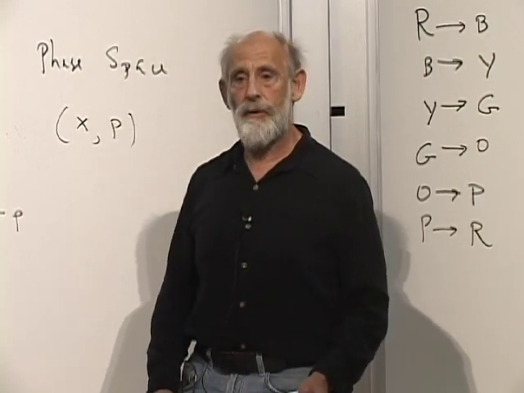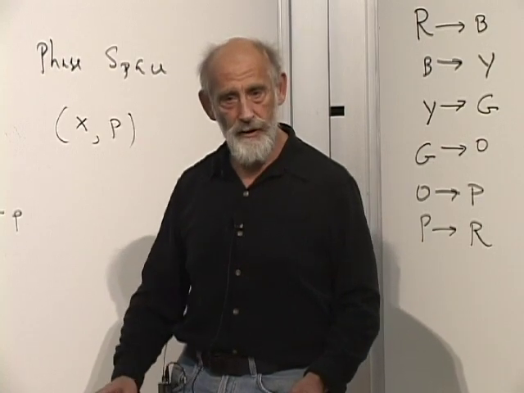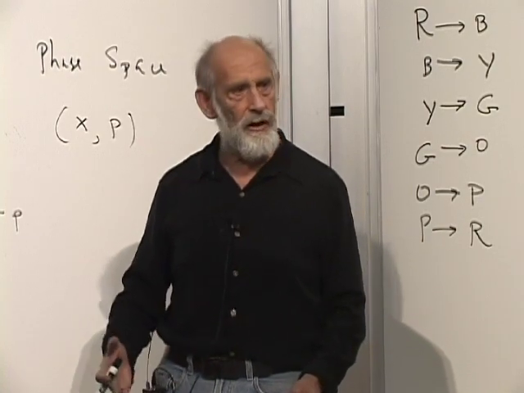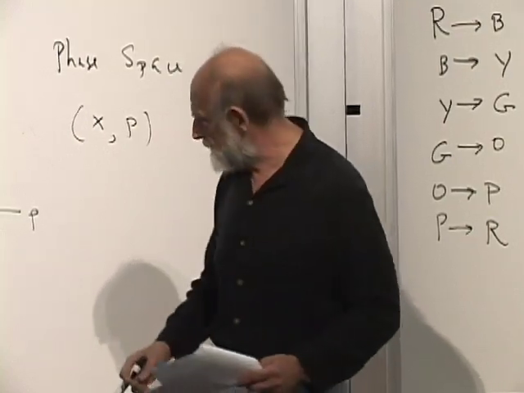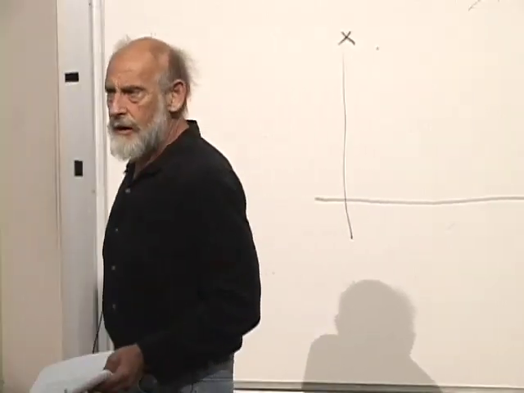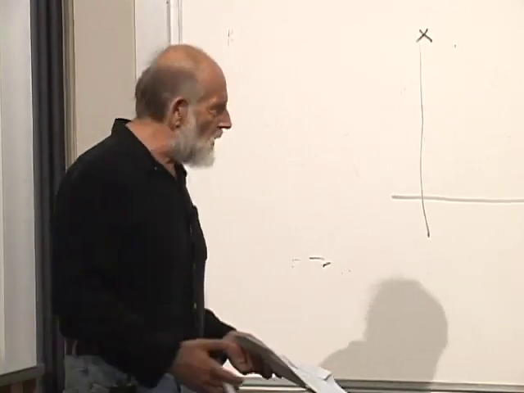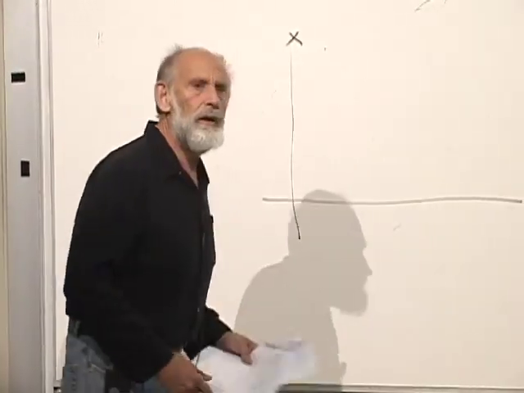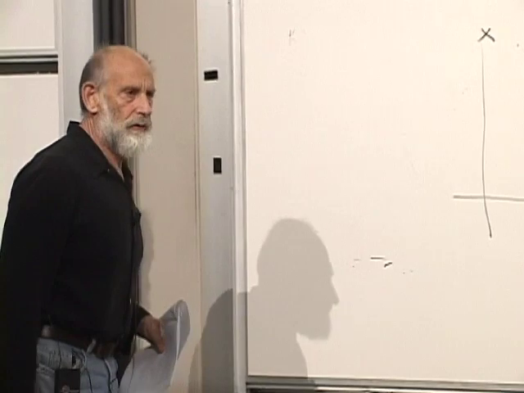So there were 30 x's, 30 p's, so for 10 particles, 60 coordinates to the phase space. And so it gets complicated fast. For a system of 10 to the 23rd particles, I won't try to draw it. It's a 6 times 10 to the 23rd dimensional space.